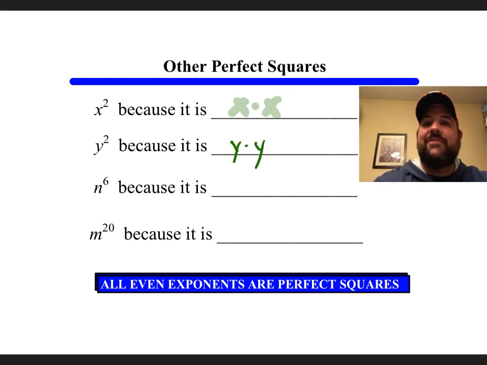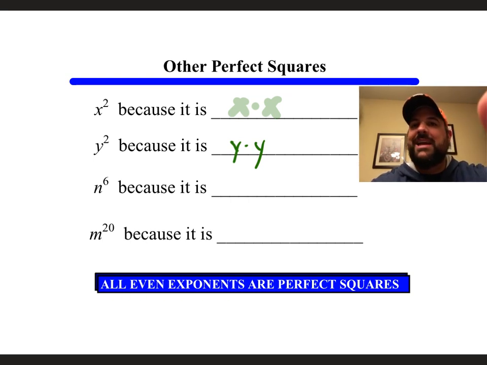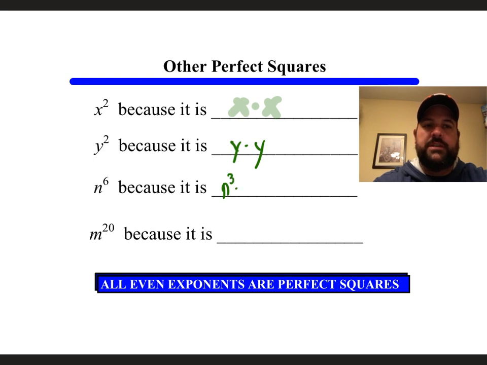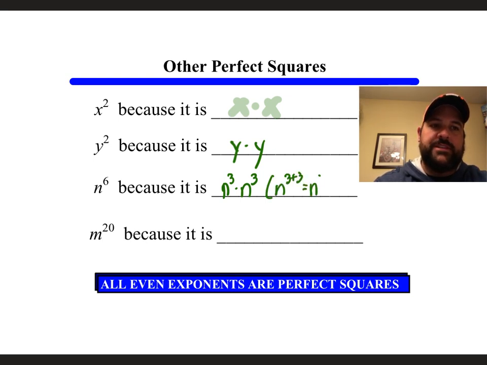And even if I have other exponents like n to the 6th, this is a perfect square because, as we can see down here, all even exponents are perfect squares, not because I have exponents that are going to necessarily multiply to give me that, but if I took n to the 3rd times n to the 3rd, remember our exponent rule tells us that we would add those exponents together, which means this would become n to the 3 plus 3, which is n to the 6th.